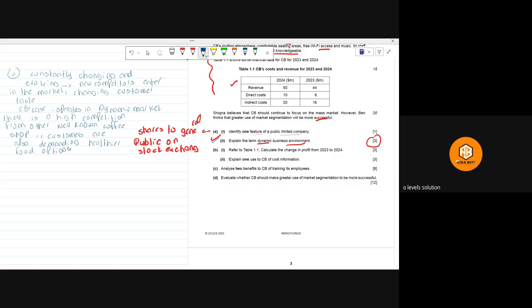Okay, so that is why CB has to continuously adapt its product, pricing, and marketing strategies in order to remain competitive and successful.